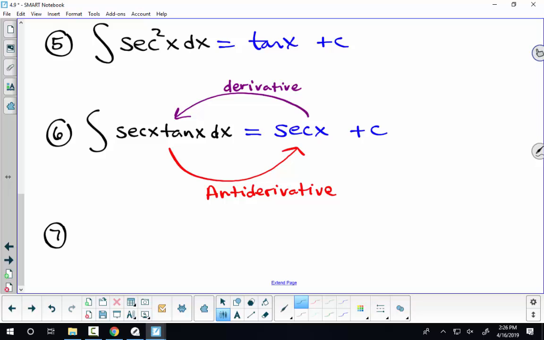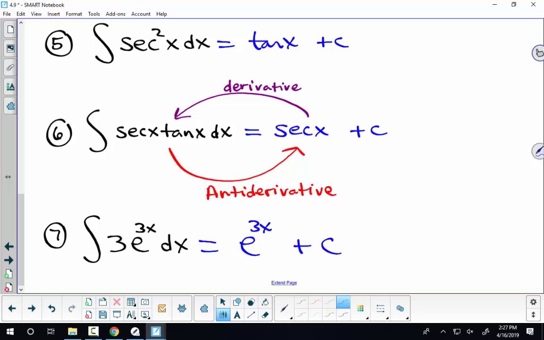A couple more that are maybe a little bit more involved. How about the antiderivative of 3 times e to the 3x with respect to x? Okay, e to the 3x. So do y'all agree, is the derivative of e to the 3x 3e to the 3x? Yep.